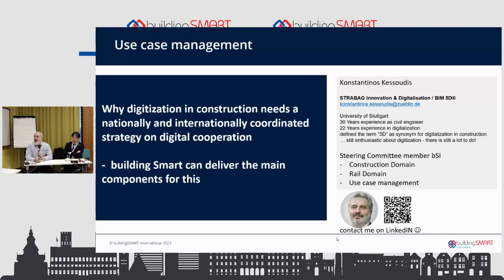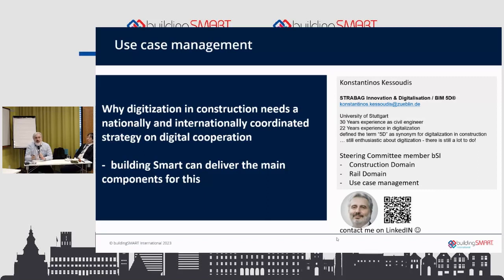I will try to emphasize that use case management can deliver this component to us, which is to get coordinated work together on national and international standards and agreements. My name is Konstantinos Kessoudis, and I'm also in the steering committee of the construction room, but also in the rail domain and use case management.